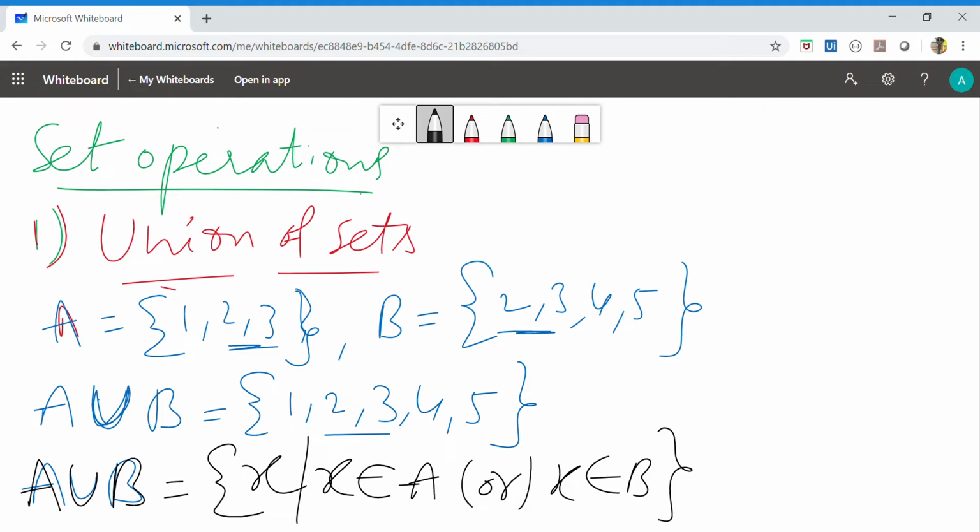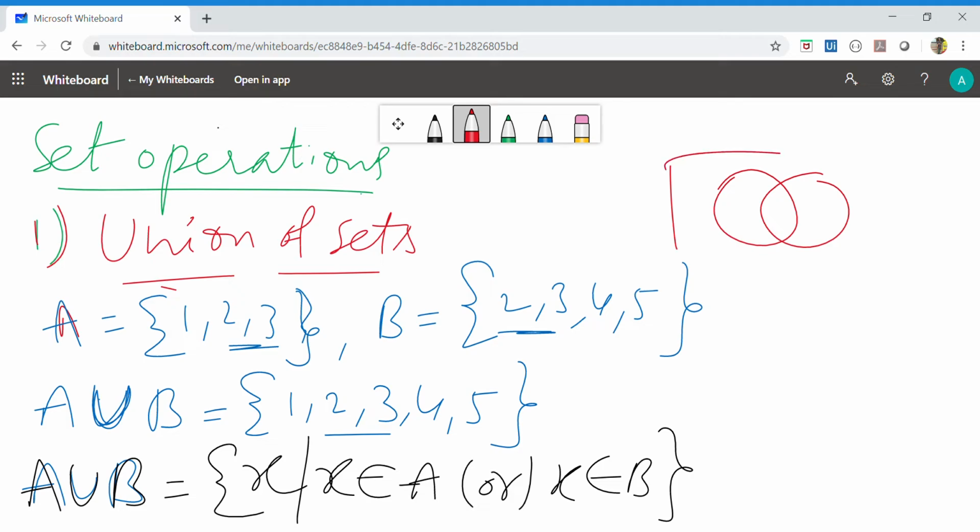Next, how can you represent this diagrammatically? This is the Venn diagram of A union B. We take two sets, set A and set B, and enclose them in a rectangular universal set, which is indicated by mu.